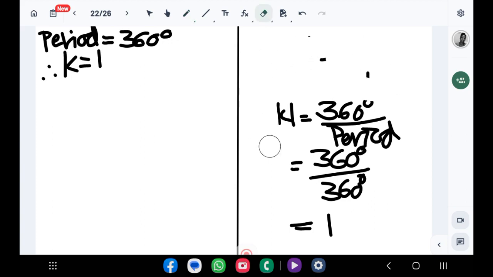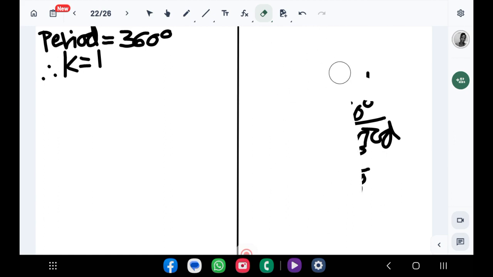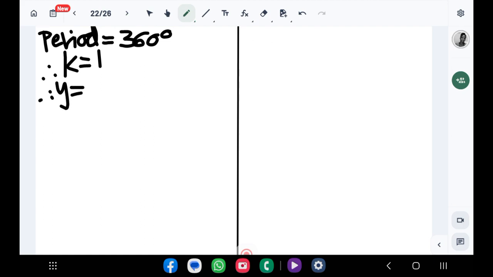And now let's figure out what the equation is. Therefore, the equation is y equals A cos of theta plus P, with K equal to 1.